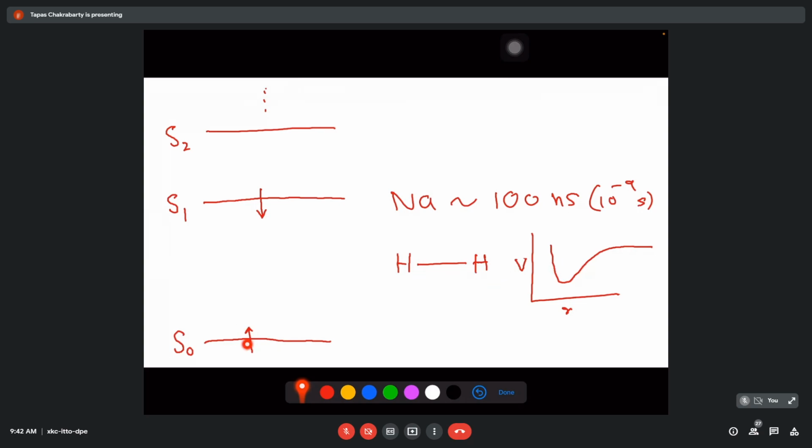And here we are talking about electronic excitation. So light is absorbed by a change in the electronic configuration of the molecule, and that electronic energy must be transferred to the nuclear oscillation energy.